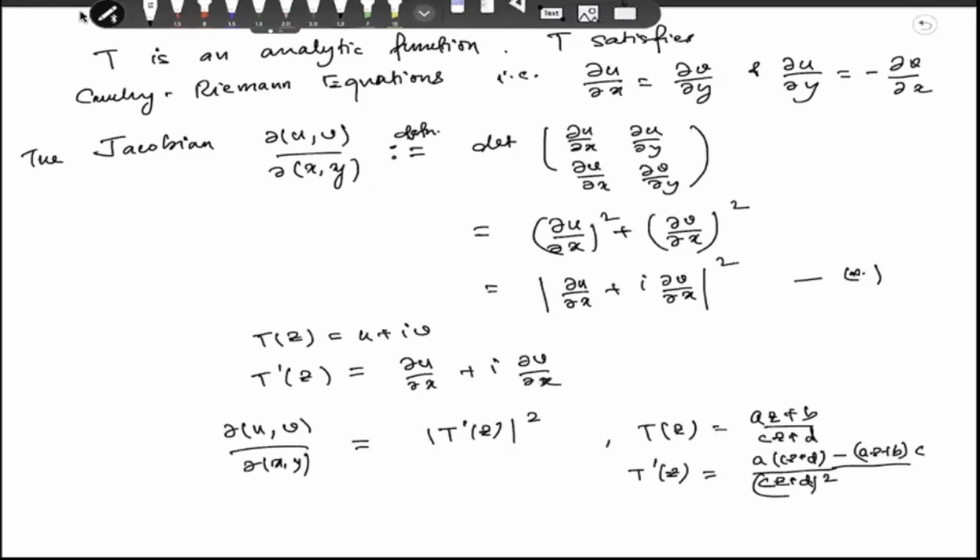So ad minus bc is equal to 1, so the numerator will be equal to 1. So therefore this Jacobian will be equal to 1 by the mod of cz plus d, to the power 4.